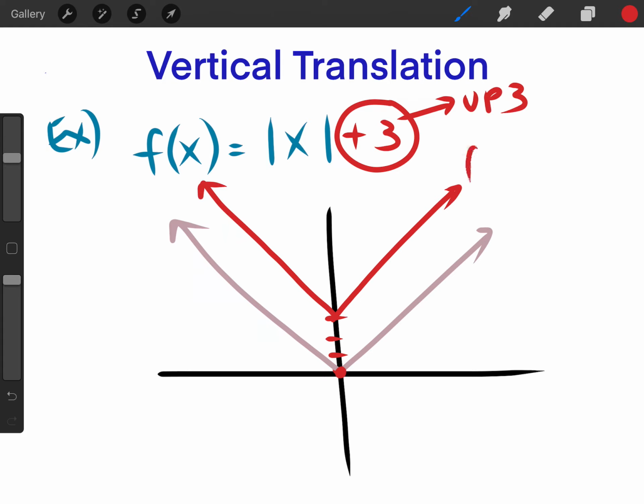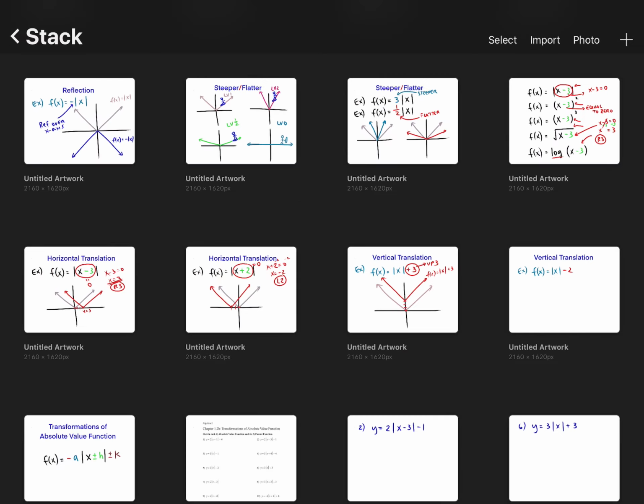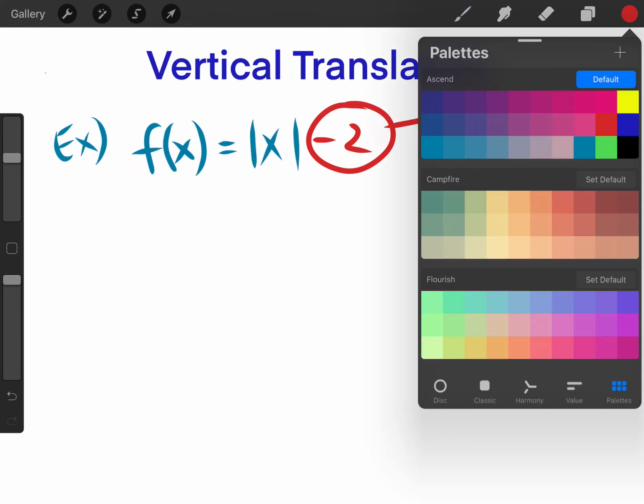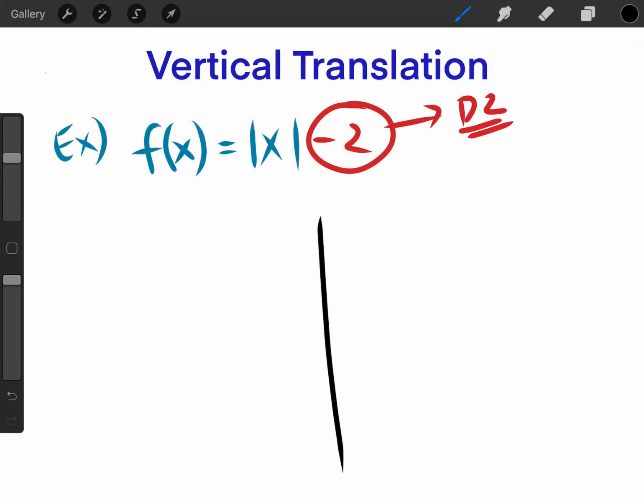Let me label this for once. Absolute value of x plus 3. Minus 2. So this time it's a similar concept. This is going to go down by 2. Down 2. So let's graph this.